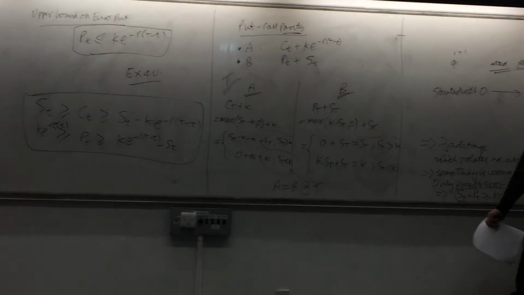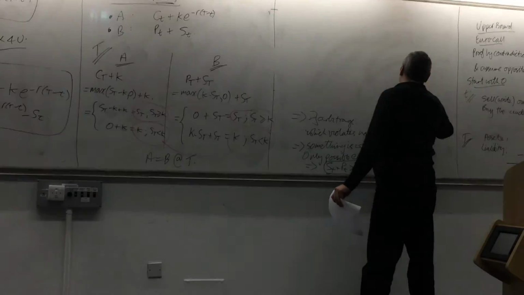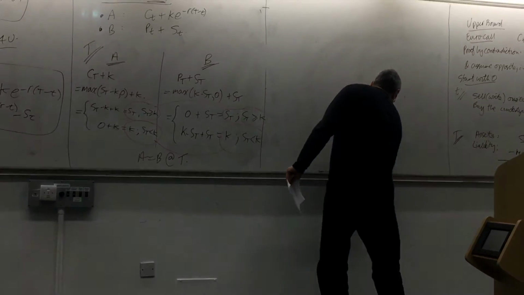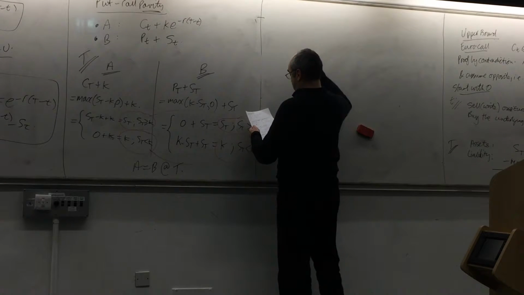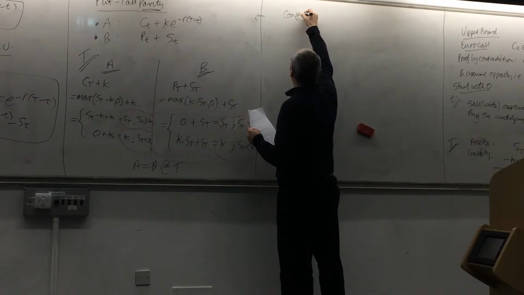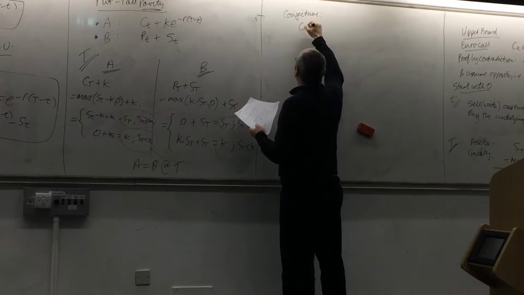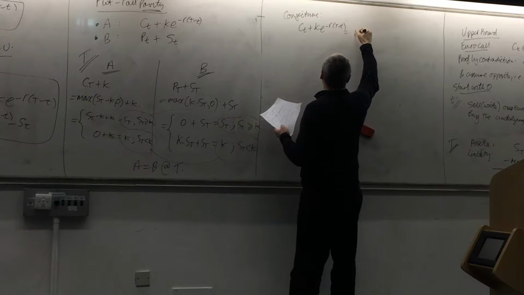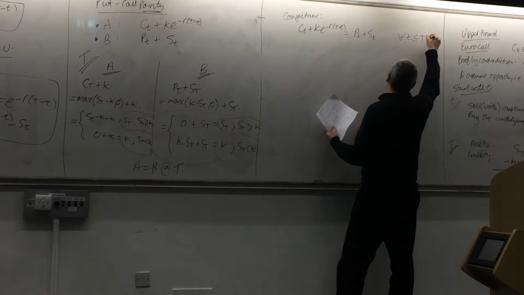So the conjecture is, are they going to be identical at t less than capital T? So, conjecture. We've got the conjecture that Ct plus K e to the minus R(T minus t) equals Pt plus St for all t less than or equal to T.